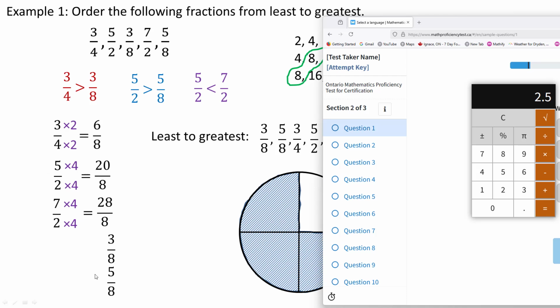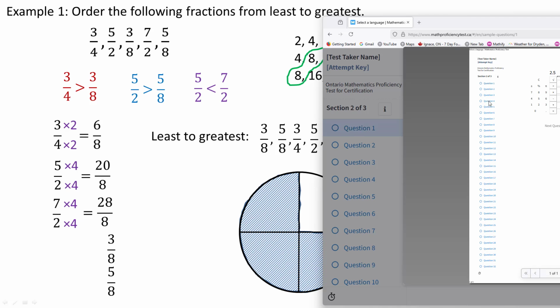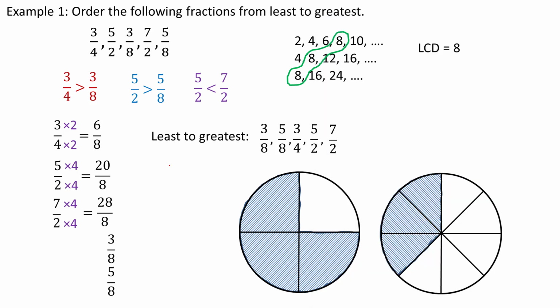instead of doing the common denominator. Actually, let me take a moment to do that. I'll write them below. So 0.75 was the first one, comma, and the 5 halves was 2.5. Let's get our calculator again.